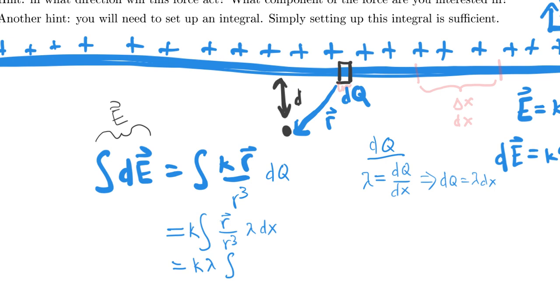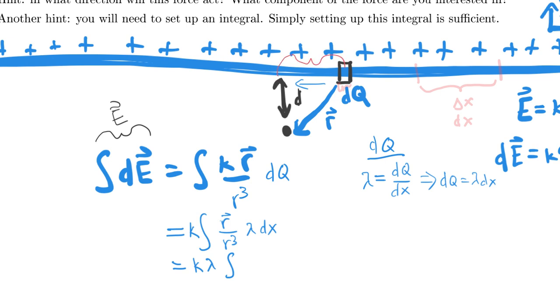I know it's hard because it's in the integral, so it's a little bit scary, but you can just think about this particular vector here for this particular dq. If we just think about the x component, you could just call this x. Before, this vector was L over 2. In this case, we can just call this vector minus x.